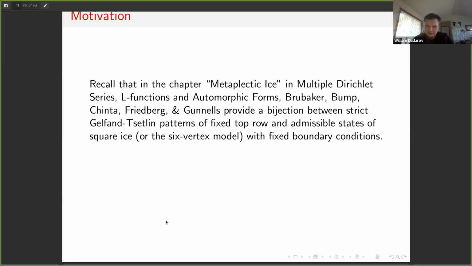Recall, you may have read the chapter Metaplectic Ice in the book Multiple Dirichlet Series, L-functions and Automorphic Forms by Brubaker, Chinta, Friedberg, and Gunnels.